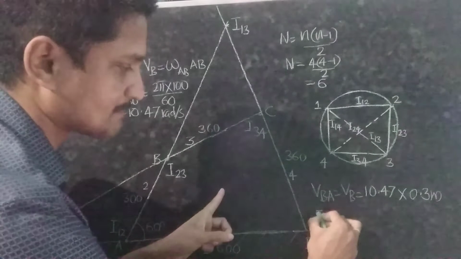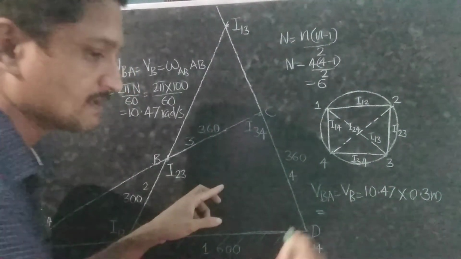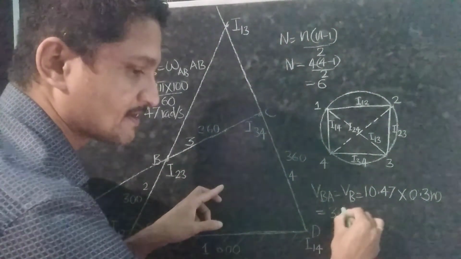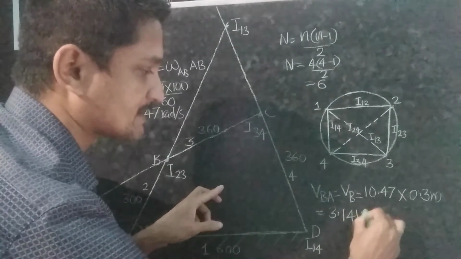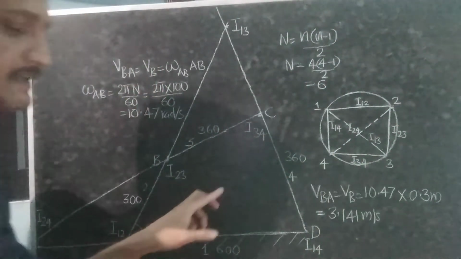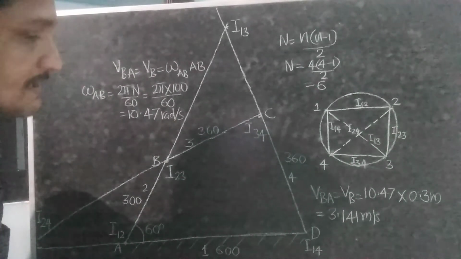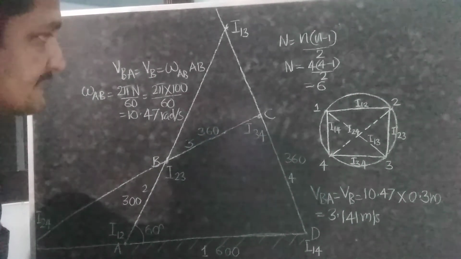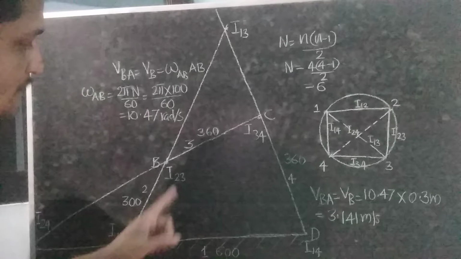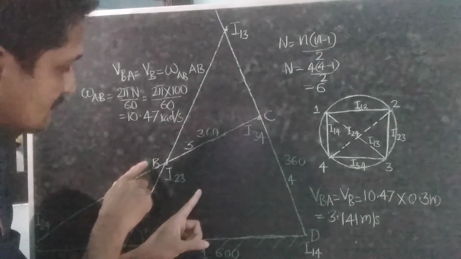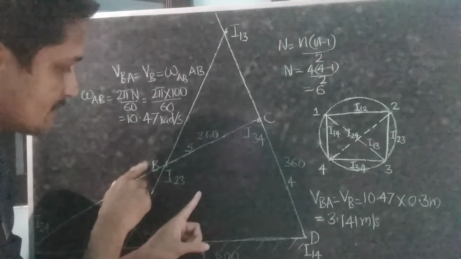Then the absolute velocity of B is equal to 3.141 meter per second.